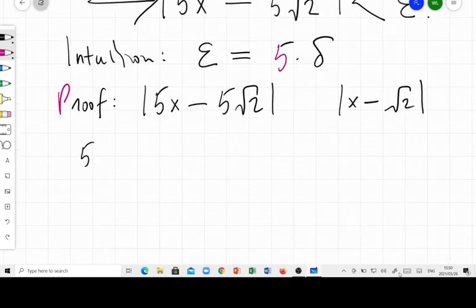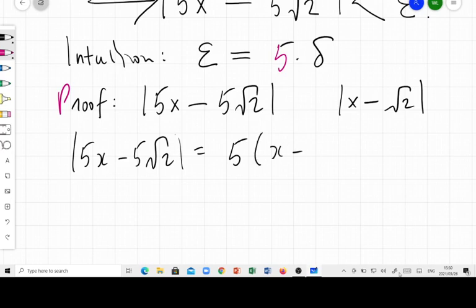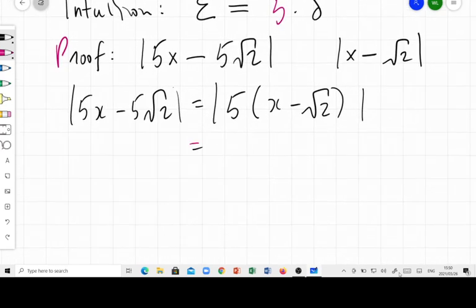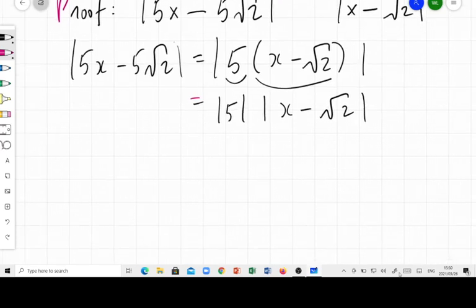So if I get 5x minus 5 square root of 2, then I can factorize out the 5, so I can expose the x minus square root of 2 term. The absolute value of a product is the product of the absolute values, and so therefore I've now exposed this.